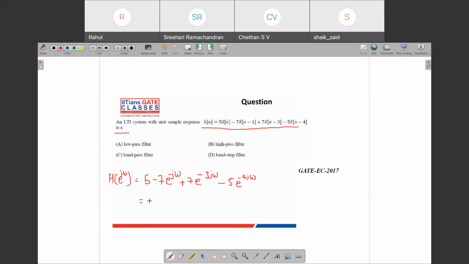Now these two terms have 5, so I will take the 5 common. It will become 1 minus e to the power minus 4 j omega. And these two terms have 7, so I will write it as minus 7 times e to the power minus j omega minus e to the power minus 3 j omega.